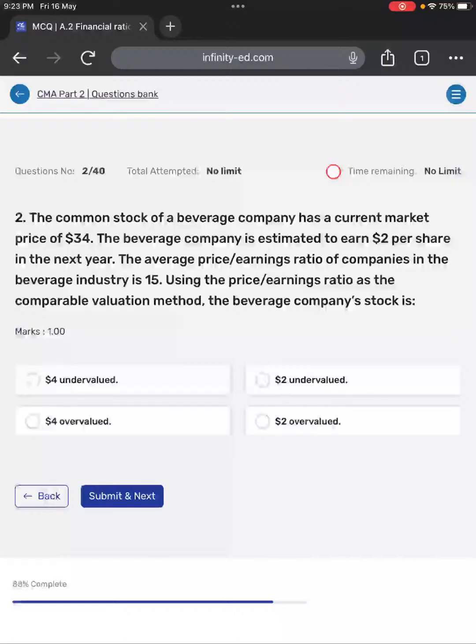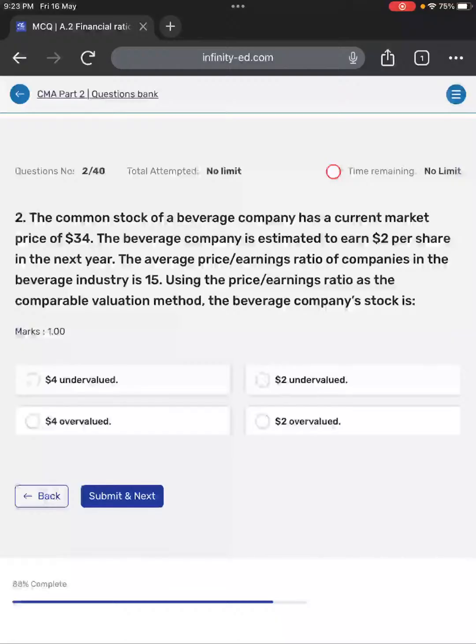Okay, and the total will be 30. Market price as per this P/E ratio will be 30. Using the earnings per share ratio, the comparable valuation method, is this beverage company stock overvalued or undervalued?